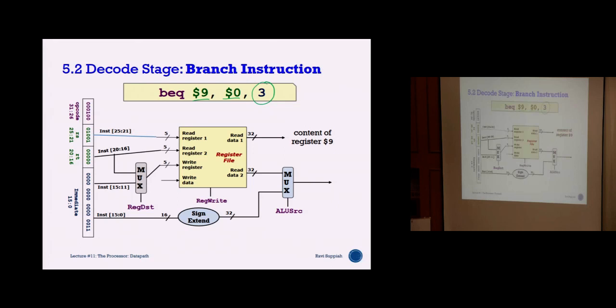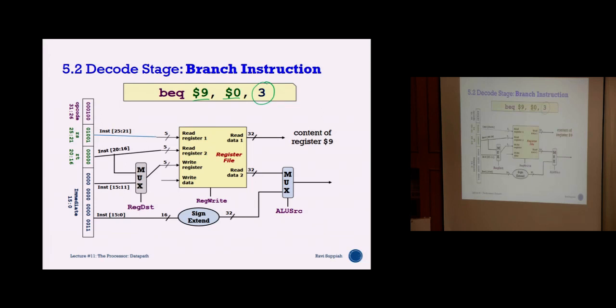You must understand that when I fetch this instruction and my processor is executing this instruction, I still have not known whether the branch is to be taken or not, correct? So when I fetch, I do not know. When I decode, I do not know. When I execute, then I know, correct? When I execute the instruction, then I will know whether this branch is supposed to be taken or not.